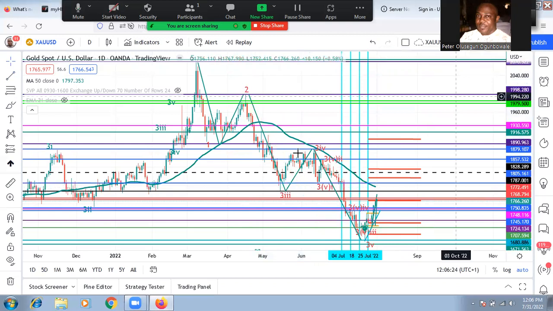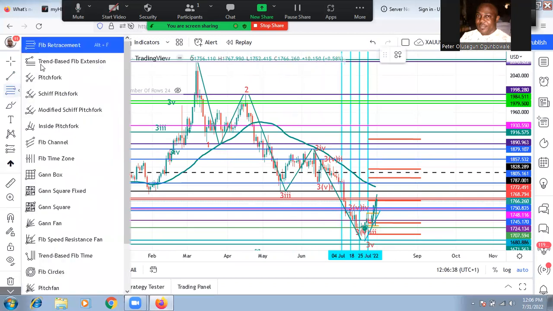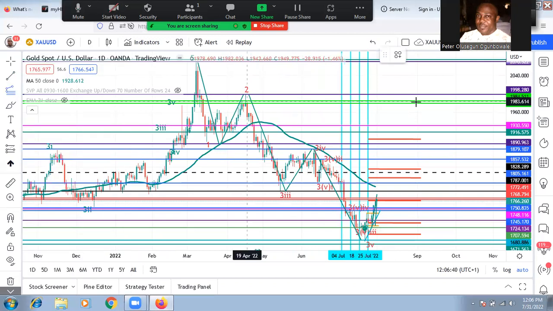If you now deal with this as a 3 swing to the downside from here, which is 1 and 2 and a 3, this one is not deep enough. It's about 30 or 40. So let's look at it. It's a 3 swing to the downside from that place, to this point.